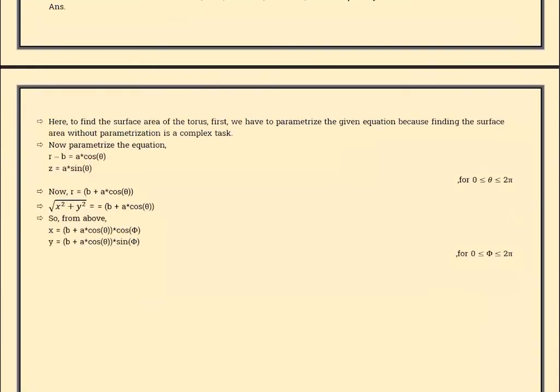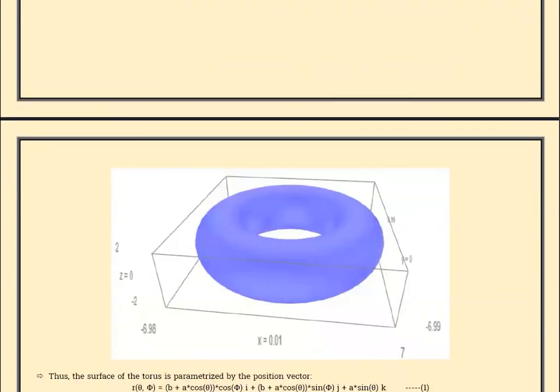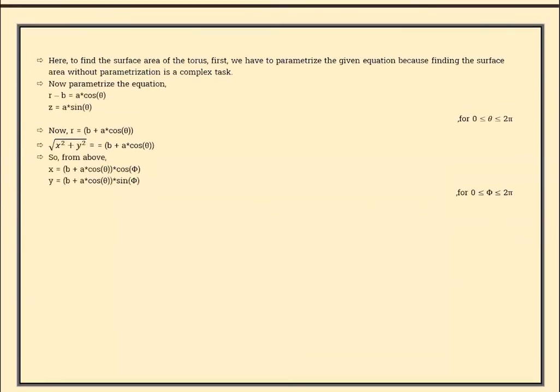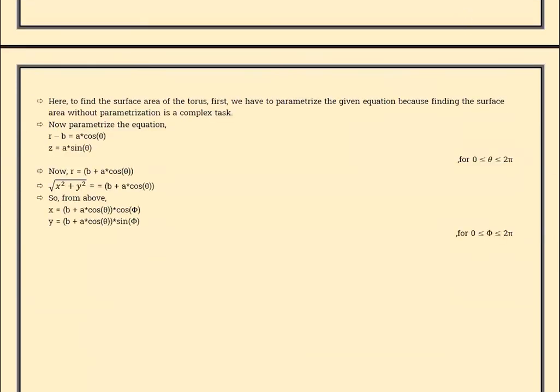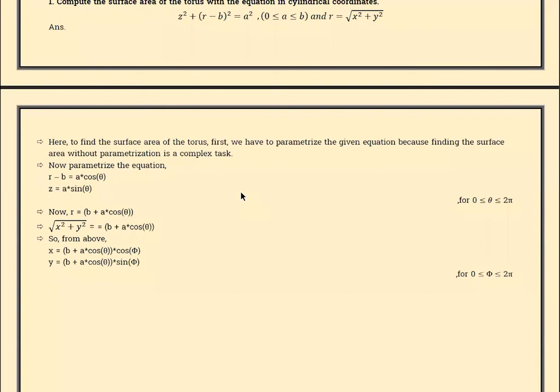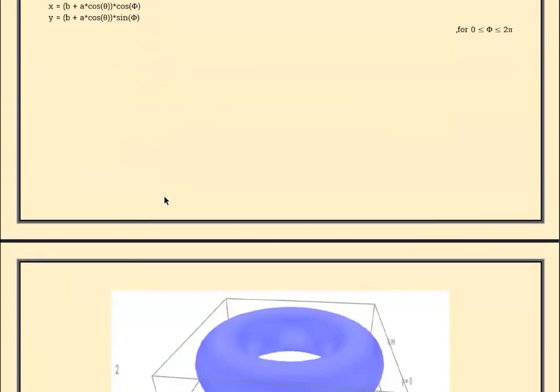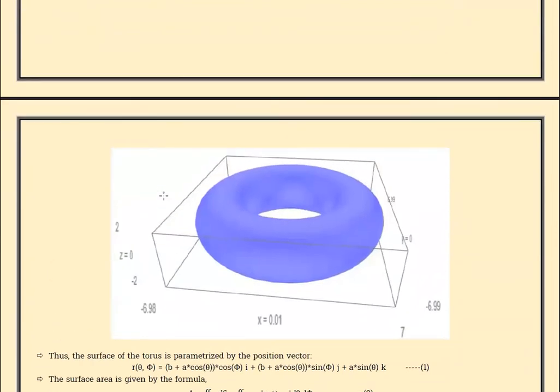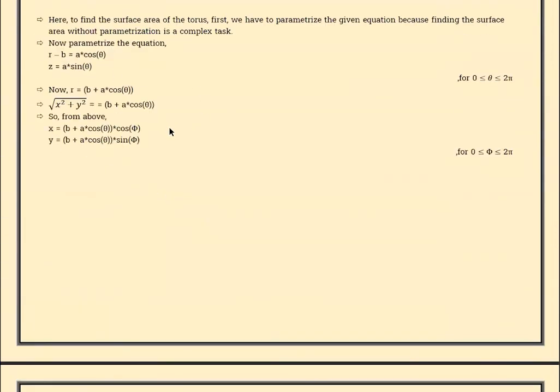Now this is a very complex surface area, we can say. To simplify it, we have to parameterize the given equation. So we get the coordinate system x, y, z like this.